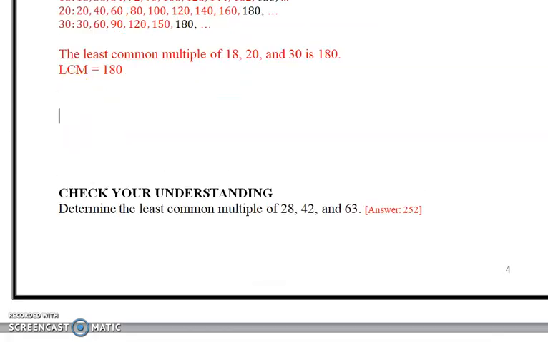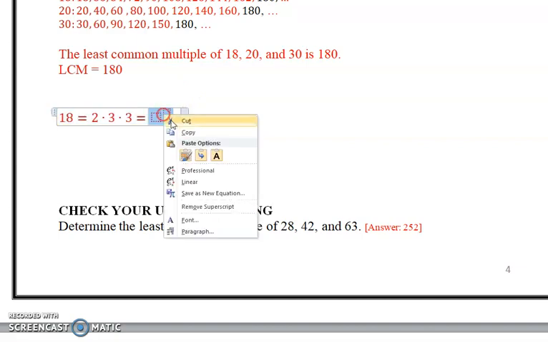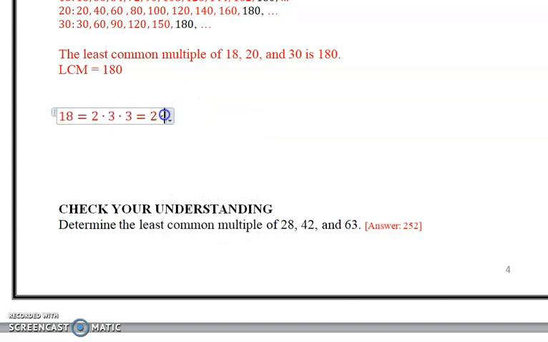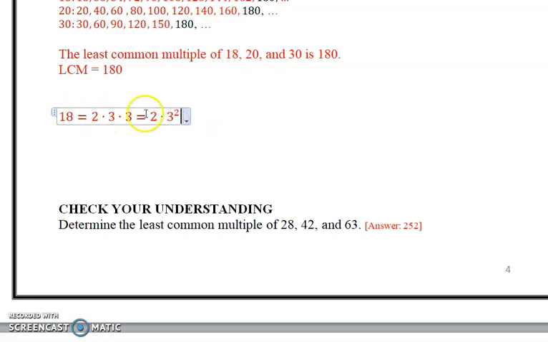So an alternate method we could use is, like I mentioned, prime factorization. So we can write 18 as 2 times 3 times 3, which is the same as 2 times 3 squared. Do this with all numbers. The next one is 20.